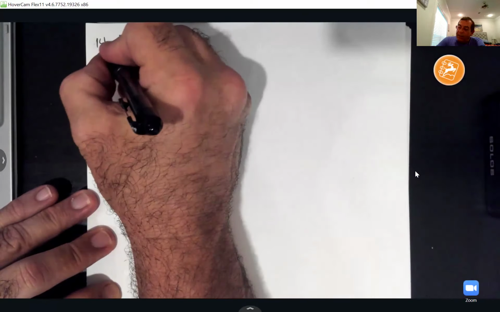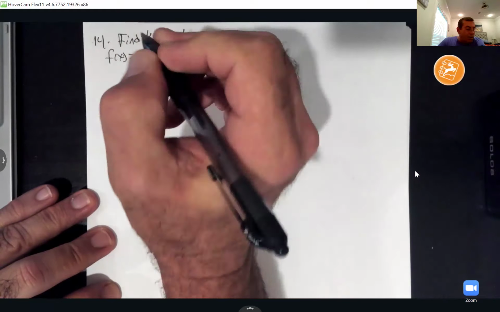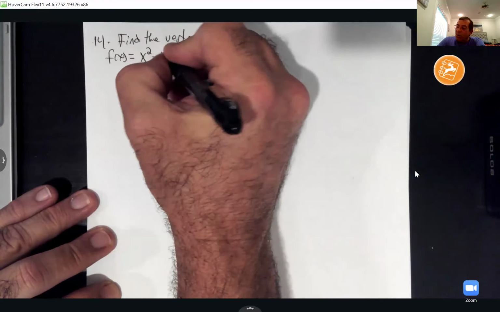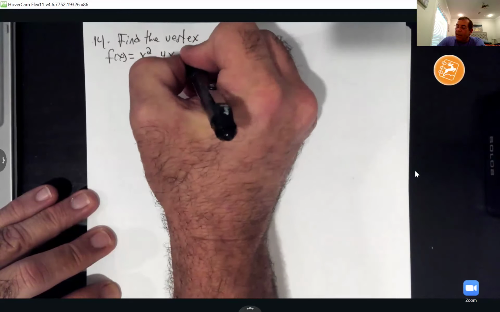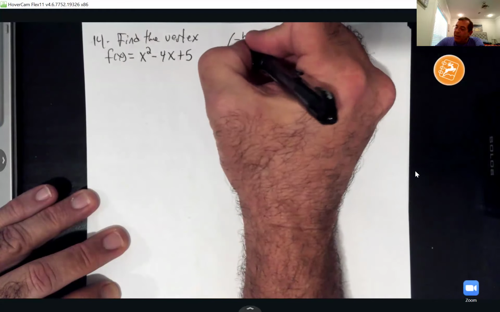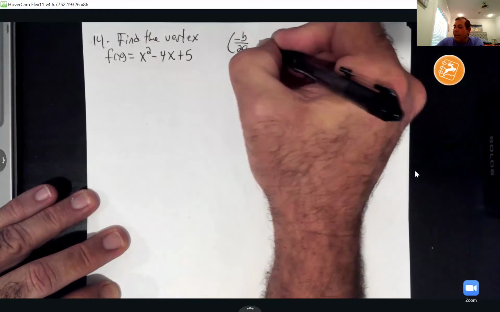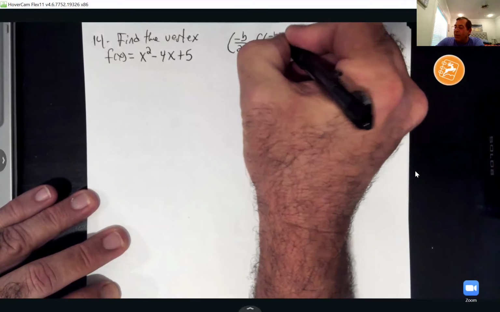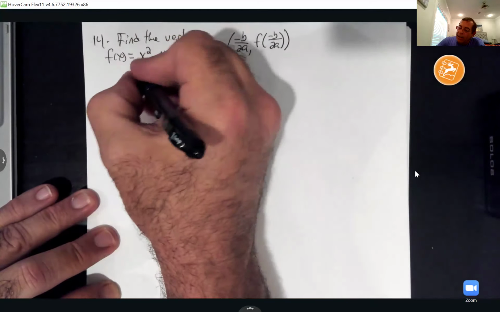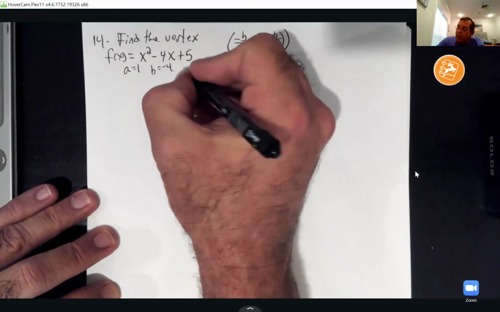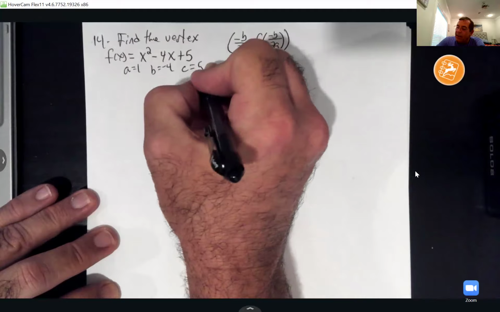They're giving us f of x equals x squared minus 4x plus 5. So remember, the vertex formula was negative b over 2a, and then f of negative b over 2a. So a is 1, b is -4, and c is 5.